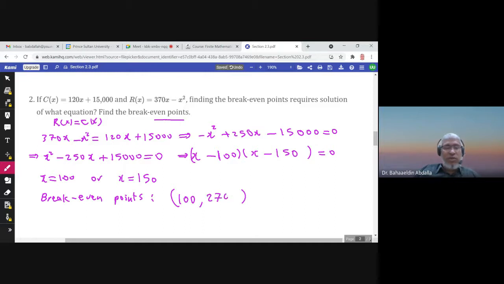So this would be the first break-even point, and for the other I'll just replace x by 150, and the answer would be 33,000. So if they produce 100 units, the cost and the revenue would be equal to 27,000. When they produce 150, again, the cost and the revenue would be equal at 33,000.